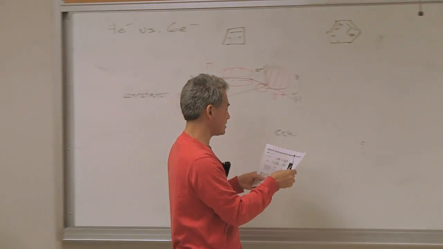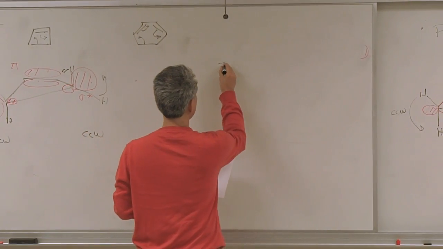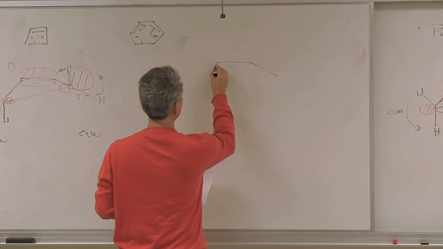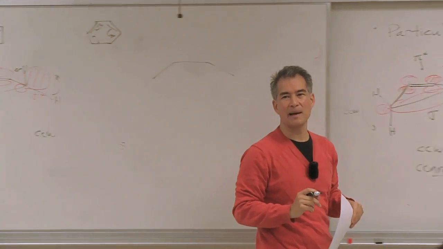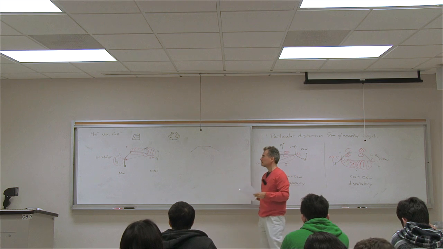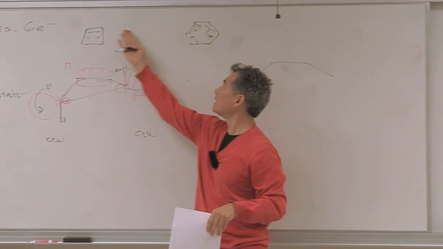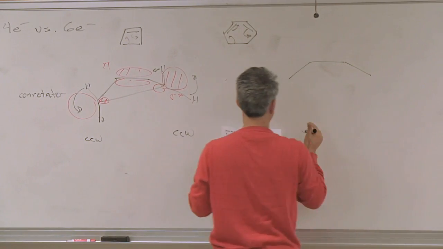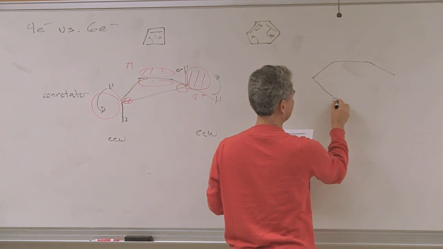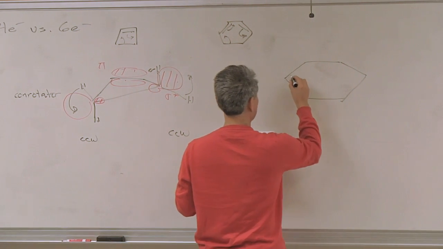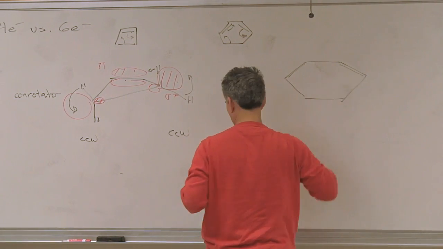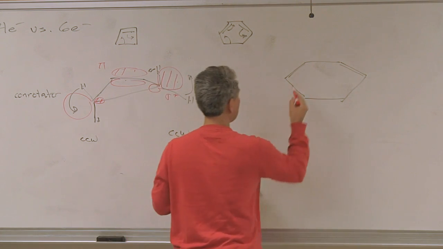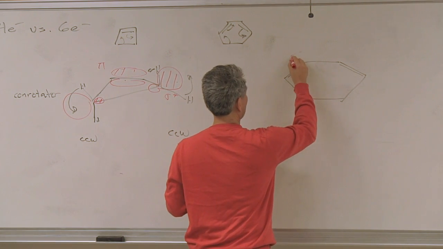But now let's look at the 6-electron example. Instead of drawing just a simple alkene back there, I'm going to draw a diene in the back. So over here I just have a simple double bond, but now I've got a diene. And let me draw the HOMO.